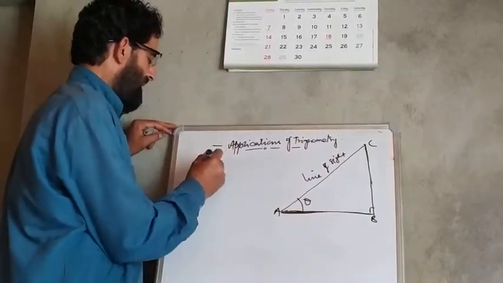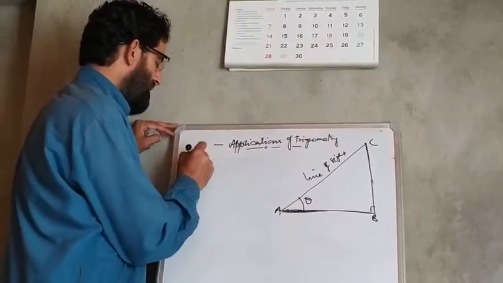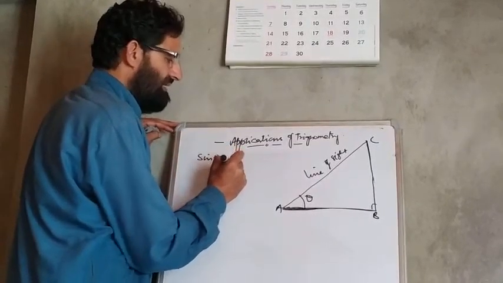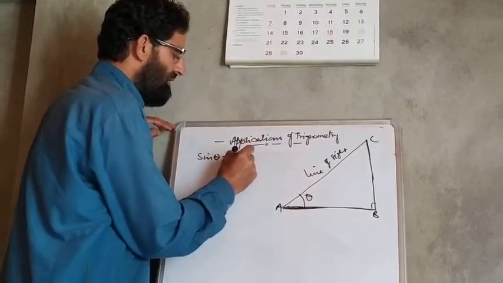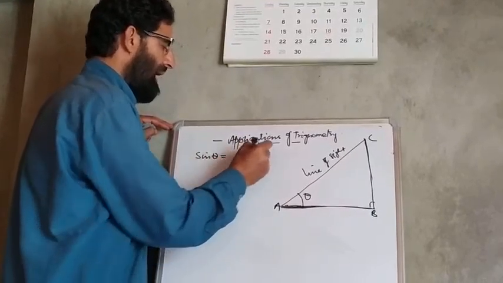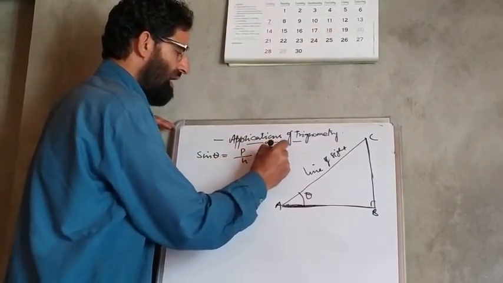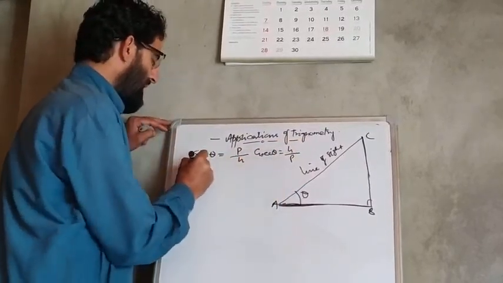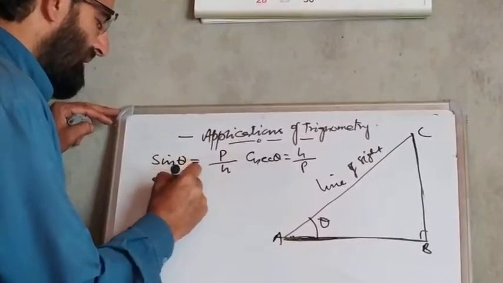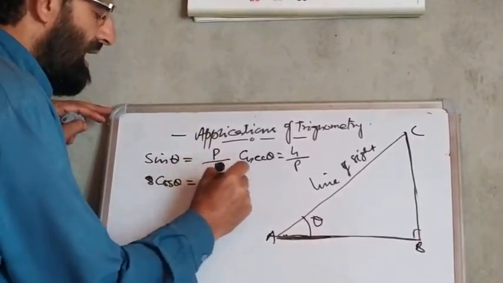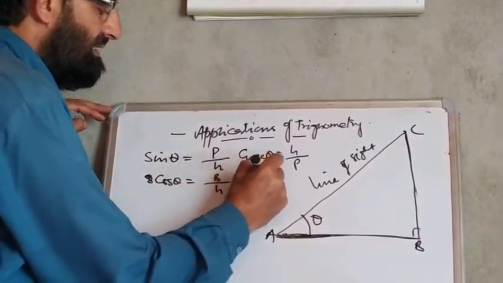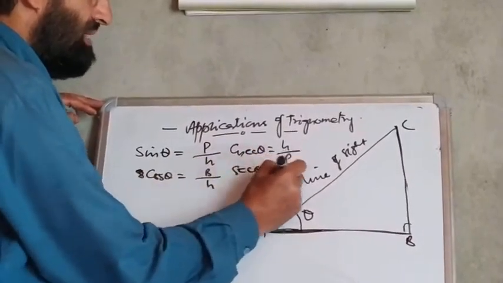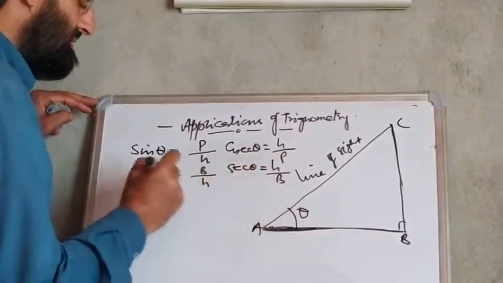And let us recall, we know that sine of an angle theta is perpendicular divided by hypotenuse, and obviously cosec is the reciprocal of this, that is hypotenuse divided by perpendicular, and cos theta is base by hypotenuse, and sec theta is obviously the reciprocal of cos theta, that is hypotenuse divided by base.